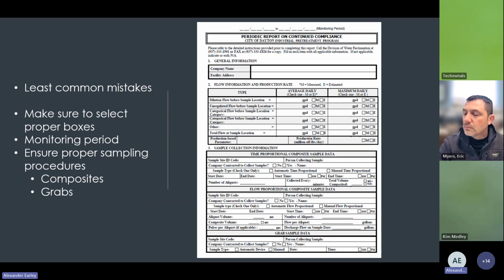Make sure that those correspond with the times that you collect those samples, and make sure that they fall under the proper boxes, the times, and double check those with your contract laboratory if they are the ones running those samples. Make sure that's transcribed properly onto those boxes.